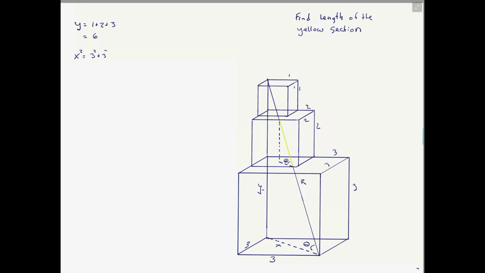So y is equal to 1 plus 2 plus 3, and that's 6.